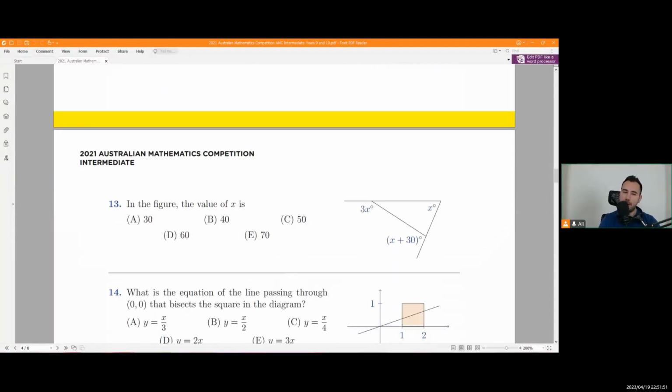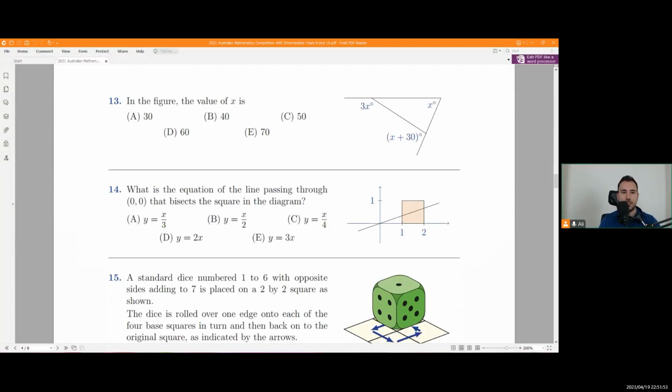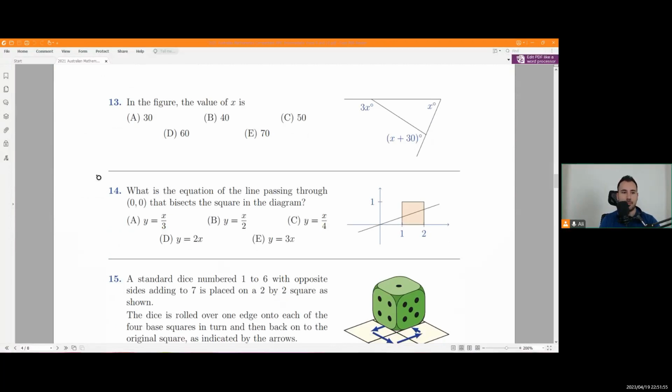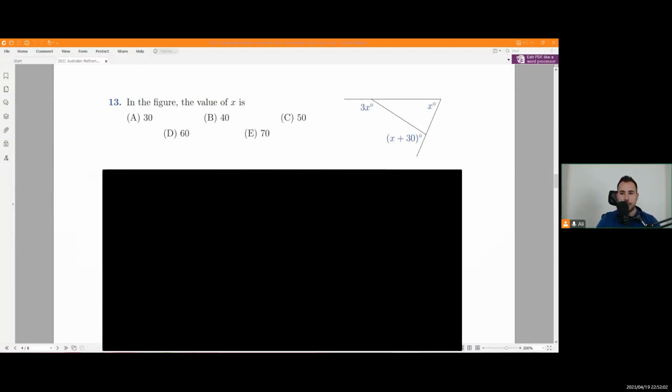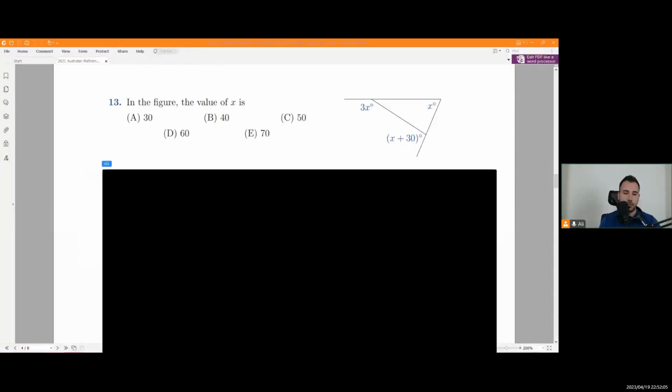So the questions are slowly but surely getting more challenging. Question 13, however, is not very difficult. We know that this angle over here, this orange angle, is an exterior angle, which equals these two internal opposite angles.